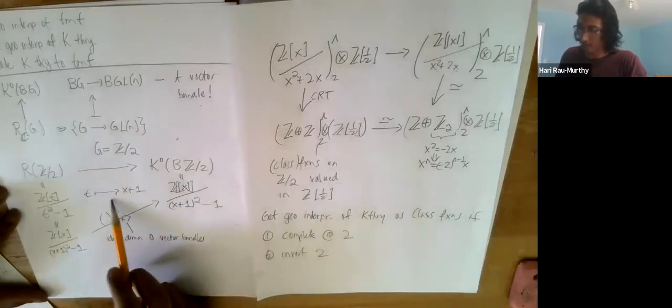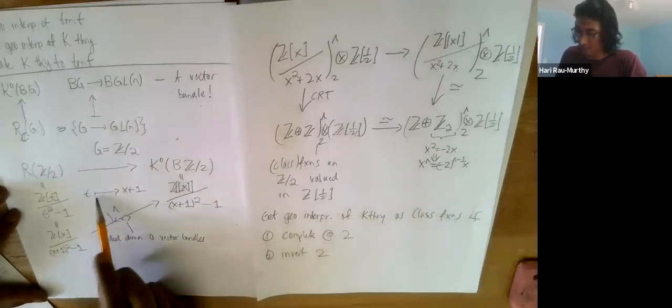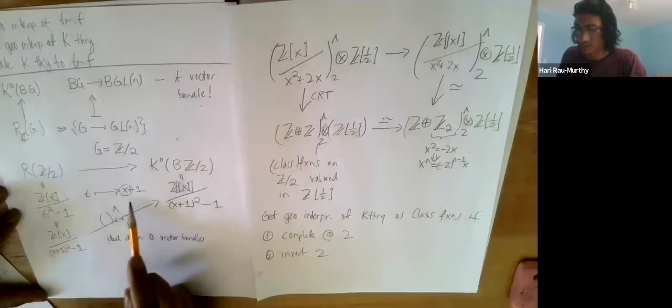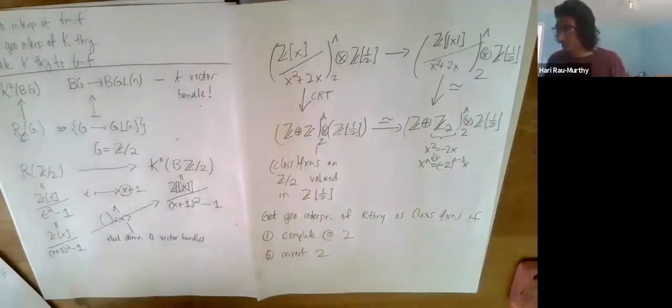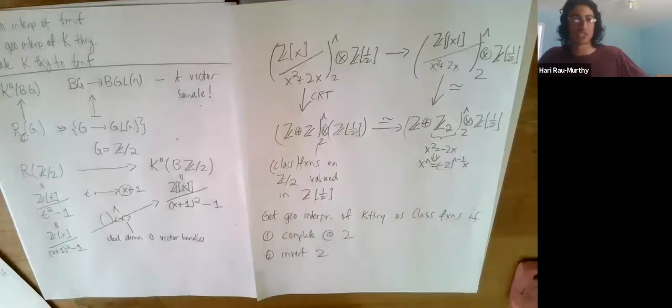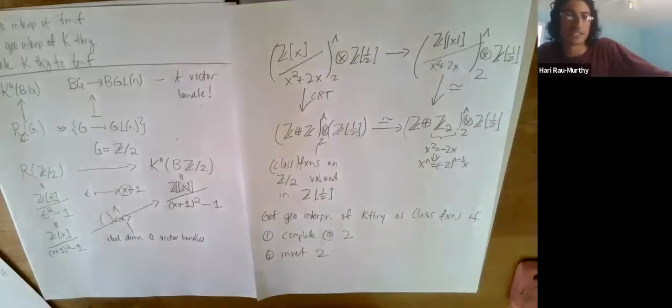And I'm taking a formal neighborhood because I'm looking at a neighborhood of the identity. So there's that nice geometric picture when I look at class functions.